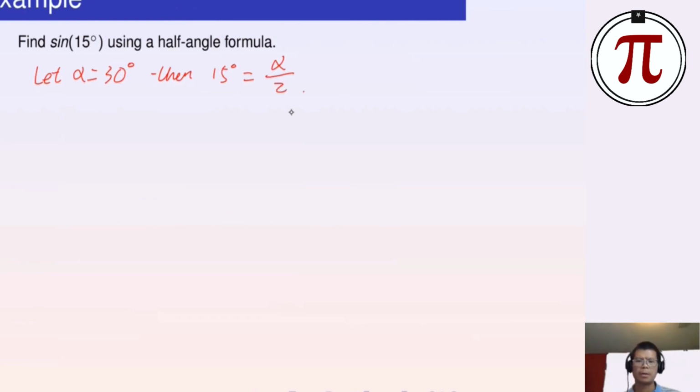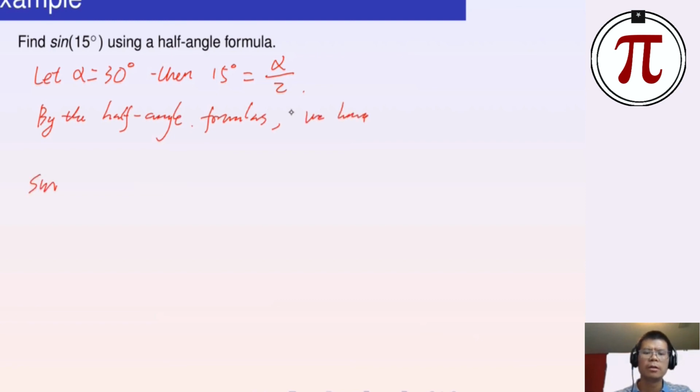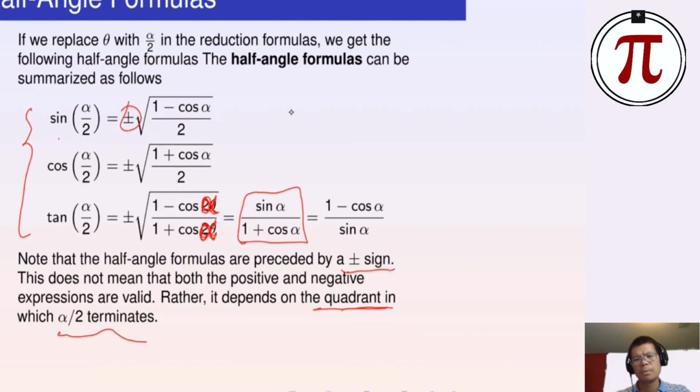So by the half angle formulas, we have sine 15 degrees equals, now you have to determine that 15 degrees is in quadrant 1. Quadrant 1, so sine is positive.